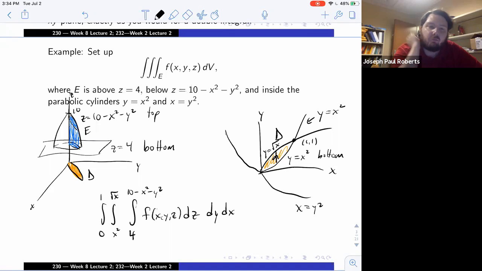So when you're reading this setup, if you see the two surfaces of the form z in terms of x and y, that's probably going to be your innermost z bounds, your bottom and top surfaces.